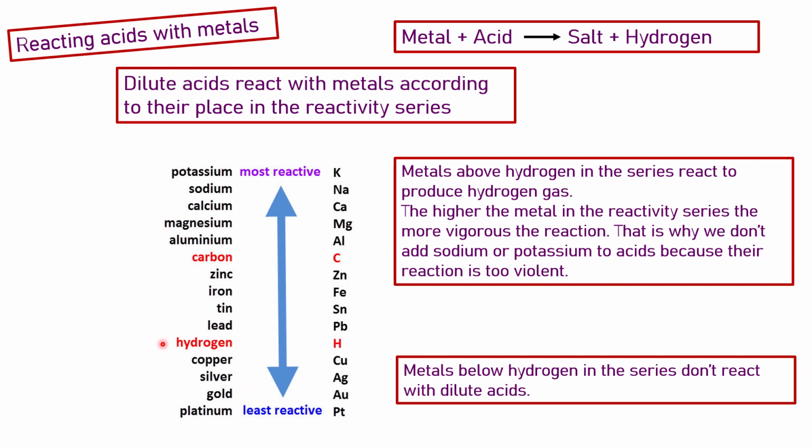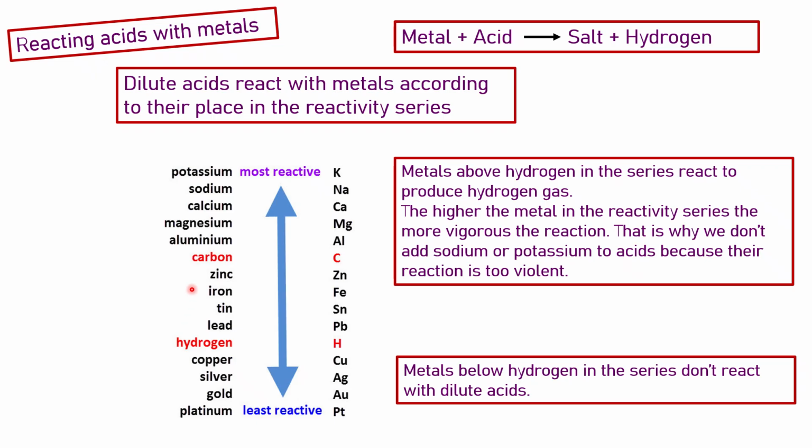Now here we put hydrogen. All the metals above hydrogen can react with dilute acids to produce hydrogen gas because they are stronger and more reactive than hydrogen and can replace the hydrogen in the acid.